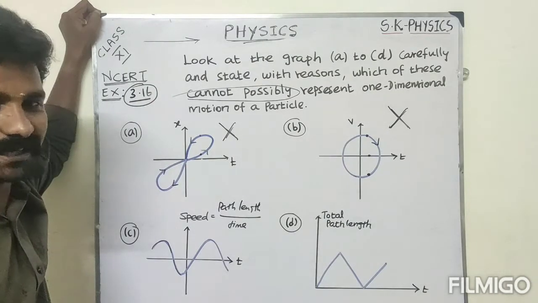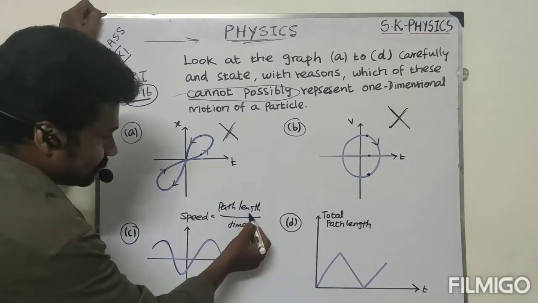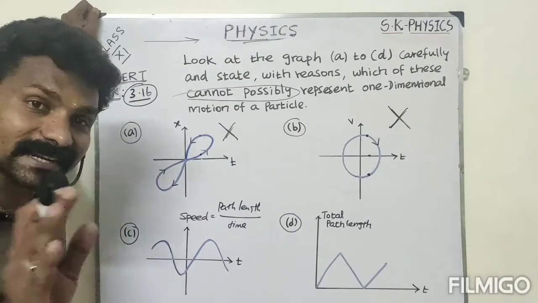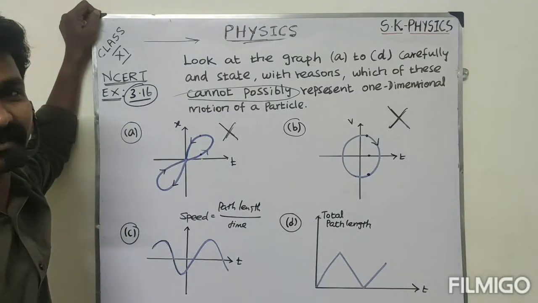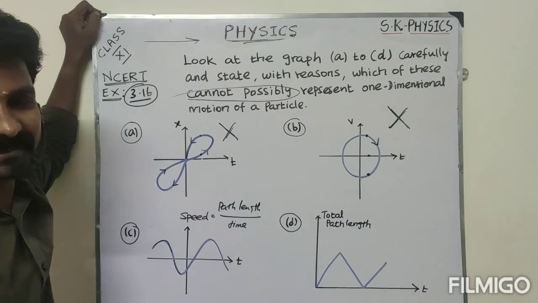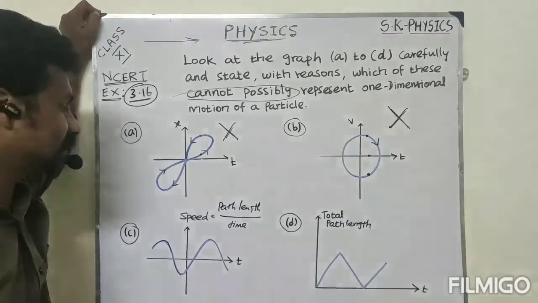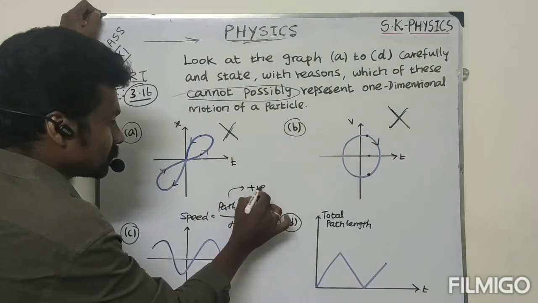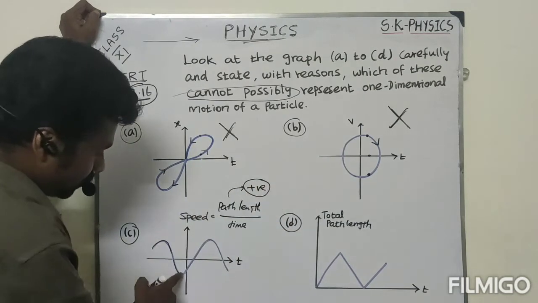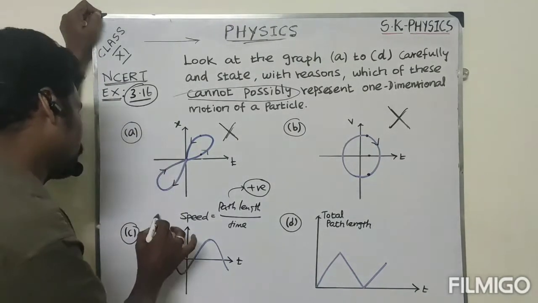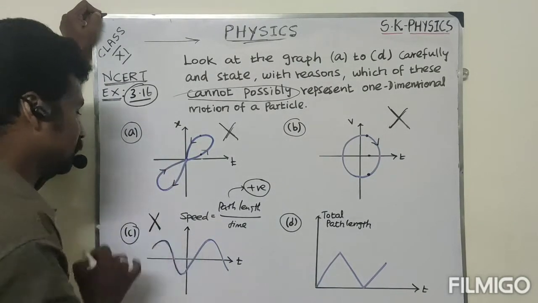Speed will not come in negative, because it is distance divided by time, or path length divided by time. Distance is not negative. I covered minus 5 meters, we can't say that. So path length is always positive only, but this graph comes in negative. So this graph is also not possible.